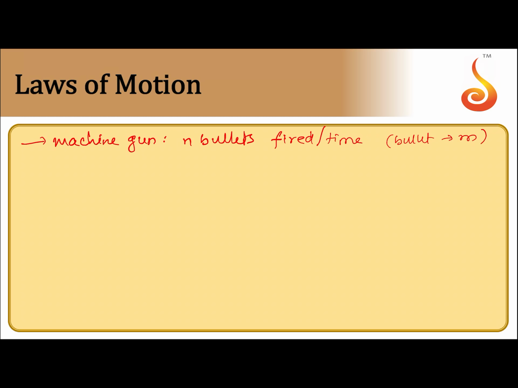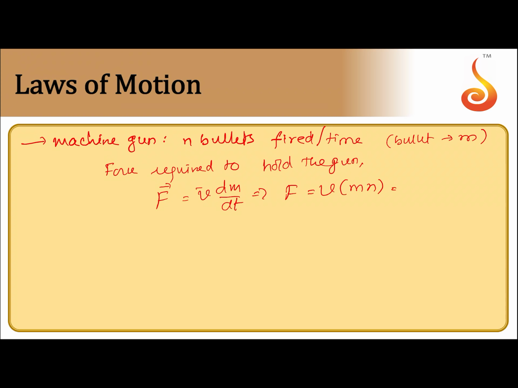Then the force required to hold the gun, F is equal to v into dm divided by dt, and this is nothing but F is equal to v into m into n, or mnv.